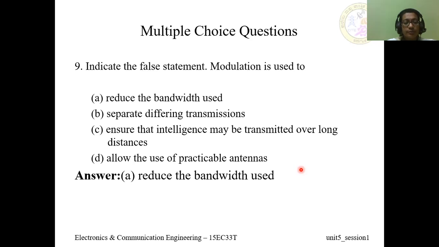Here, the false statement is reduce the bandwidth used. B, C, D are all correct statements. These are all the needs for modulation, whereas actually the bandwidth is going to be increased, but the wrong statement given here is reduce the bandwidth used.